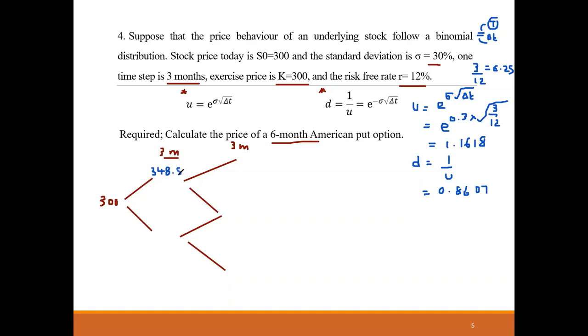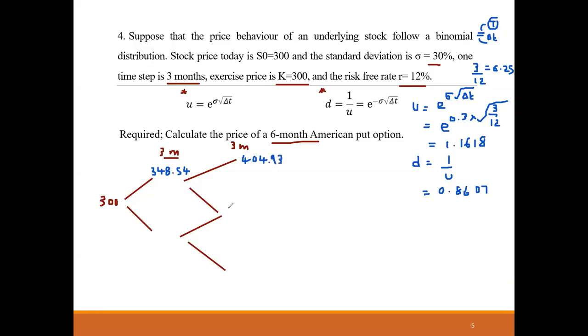That is 300 multiplied by 1.1618. And then again over here, this multiplied by 1.1618 again. So you will have 404.93.